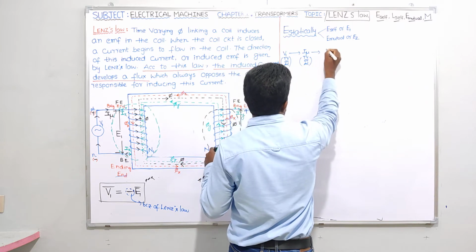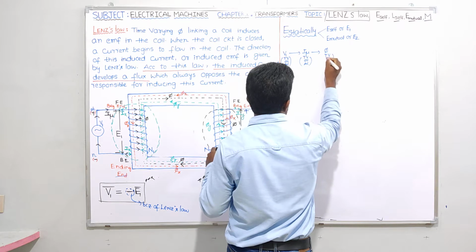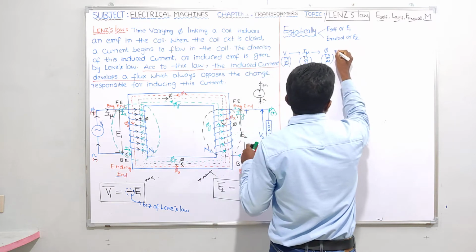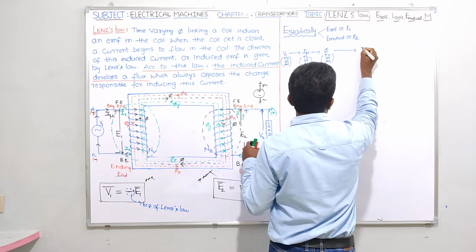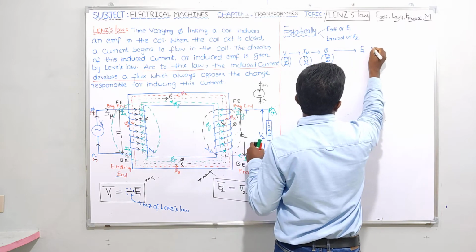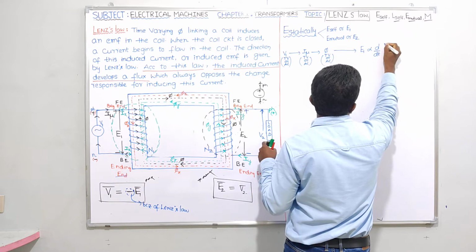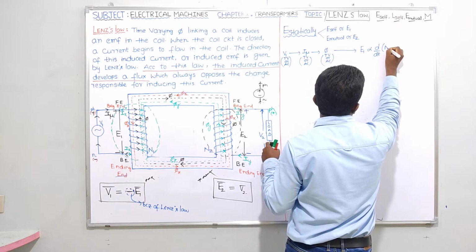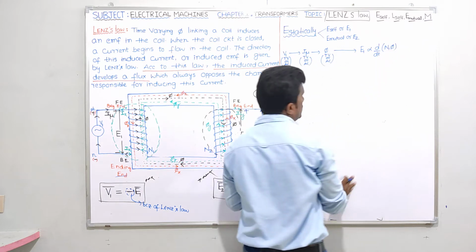Because of I mu, you will get flux in the transformer core that is time variant or AC. Next, because of this phi, you will get EMF in primary winding E1 proportional to the rate of change of flux linkage. What is the number of turns on the primary side? N1. So N1 into phi. Is it clear?